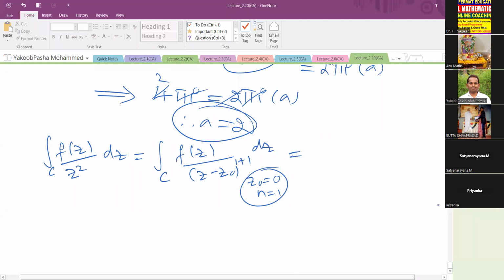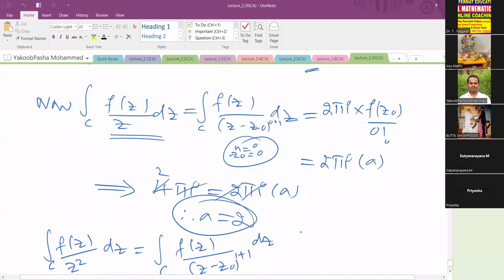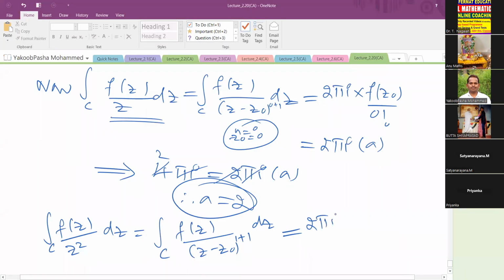So the formula is 2 pi I into f nth derivative. If n equal to 1, it means first derivative, f dash. Here n is equal to 1, Z naught is equal to 0.